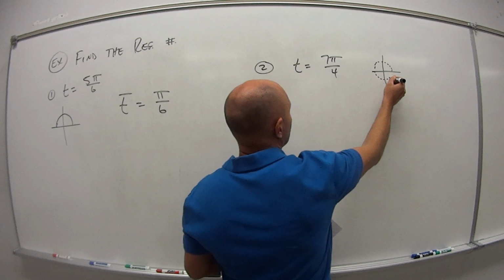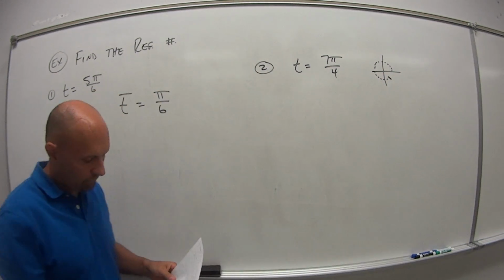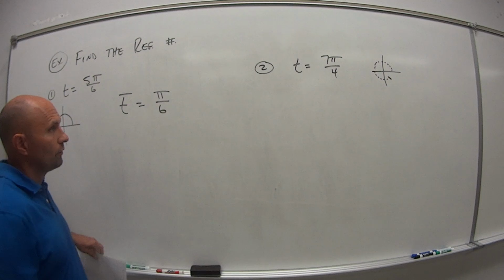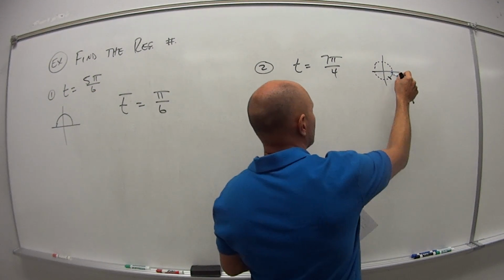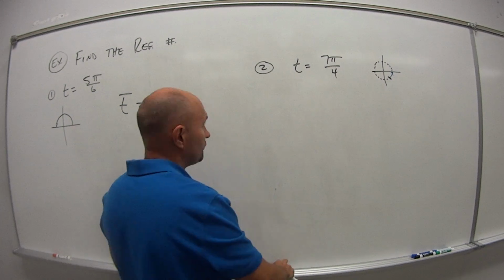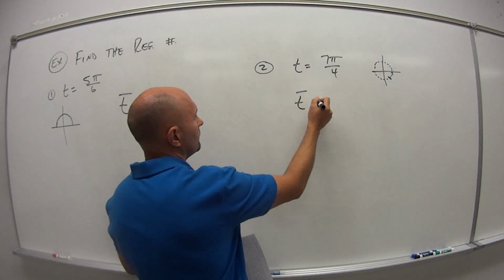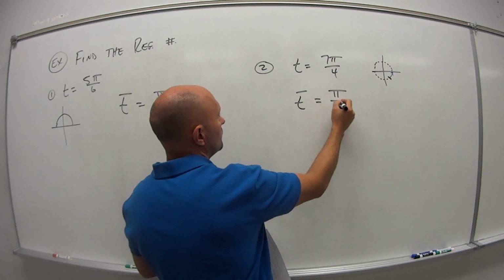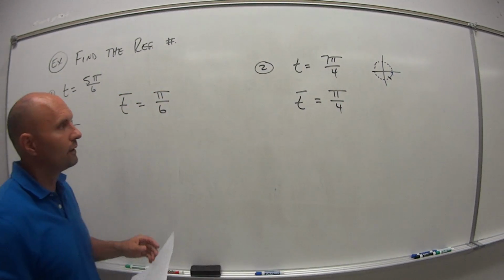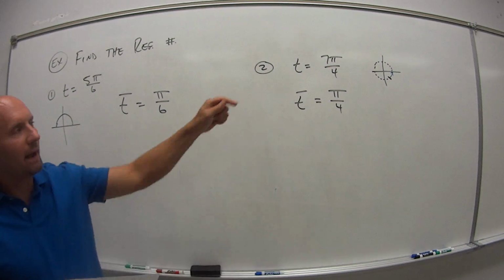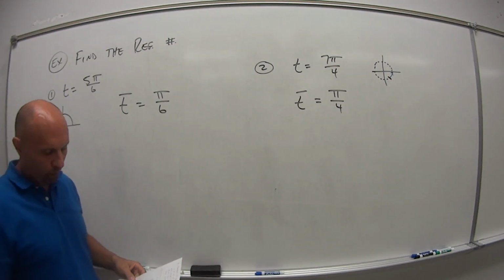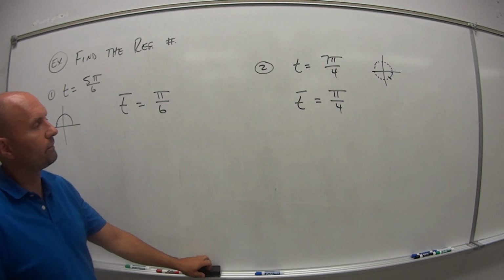Well, it puts us down here in quadrant 4. So then what is the distance from this point back to the x-axis? Well, it's just where t bar is equal to pi over 4. Again, you can see these are both positive. They're both talking about distance back to the x-axis, so they both have a positive value.